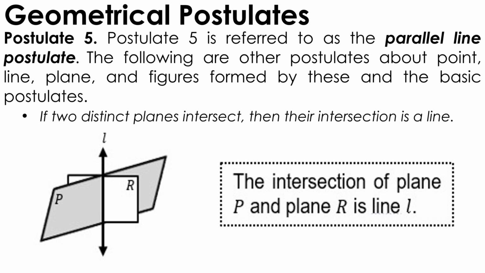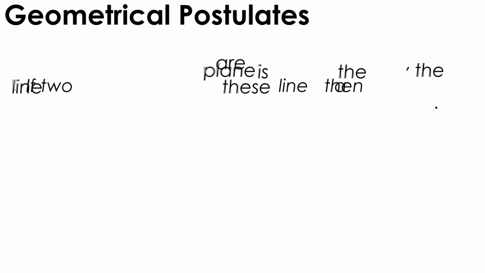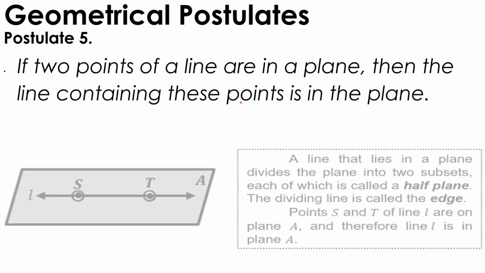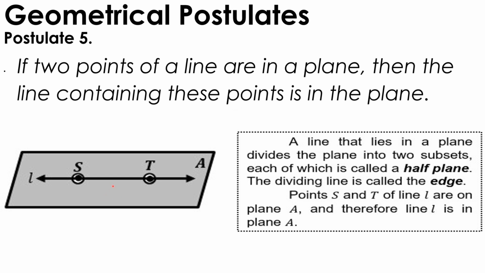Now, let's proceed to the second one. If two points of a line are in a plane, then the line containing these points is in the plane. So this is postulate number 5 also. We have here the figure.